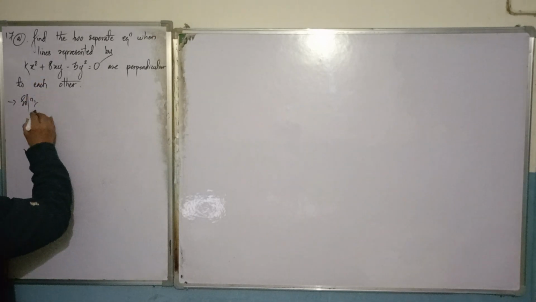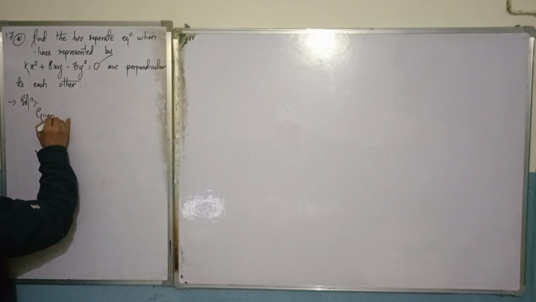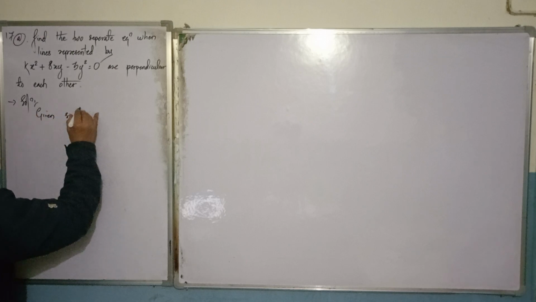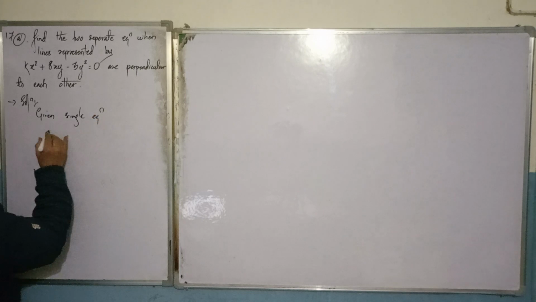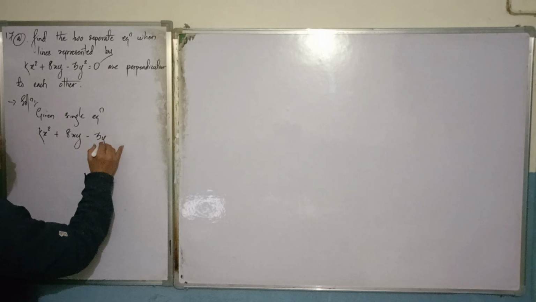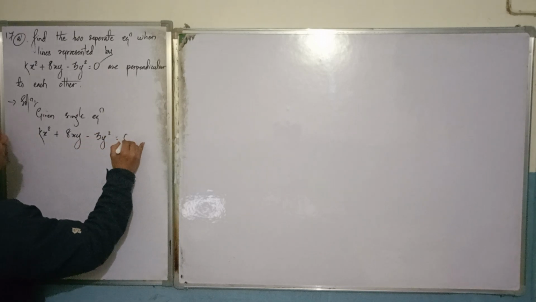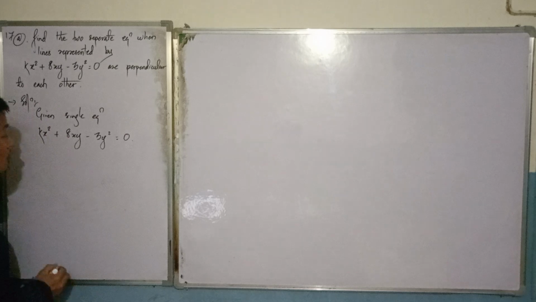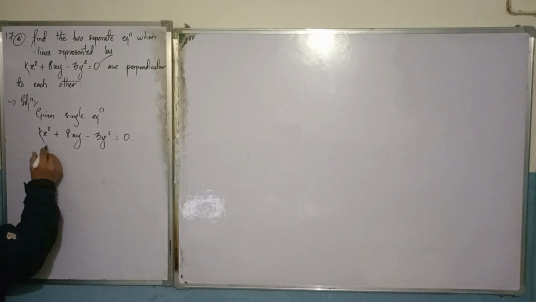Now, the given single equation is kx squared plus 8xy minus 3y squared equals 0.